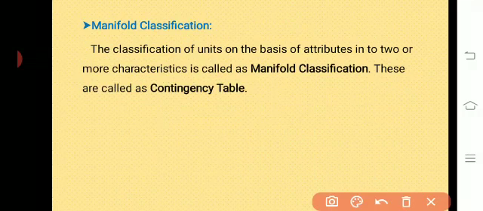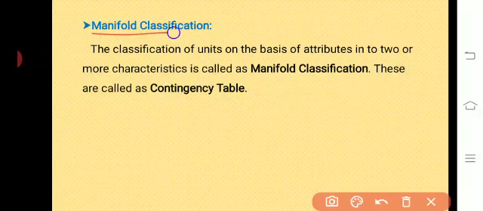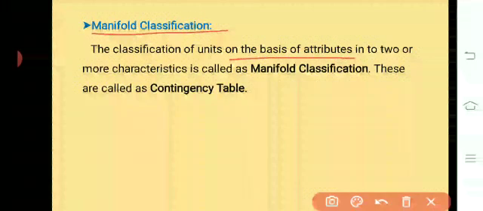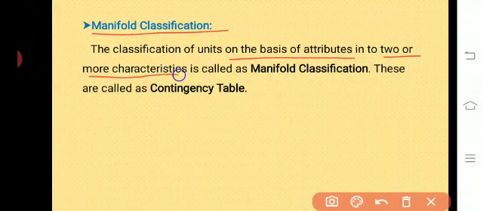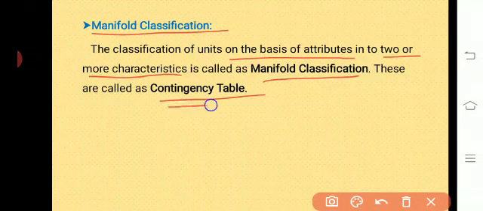Then one definition we need to study here, that is manifold classification. The classification of units on the basis of attributes or qualitative characteristics in two or more characteristics is called manifold classification. These are called contingency tables.